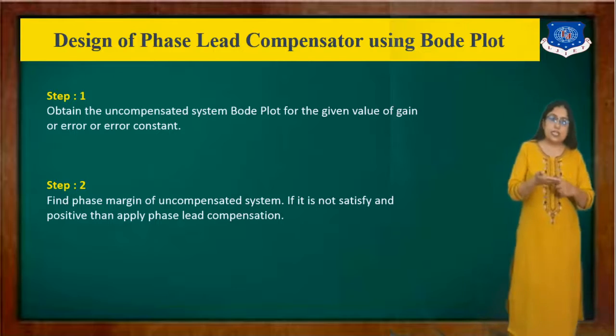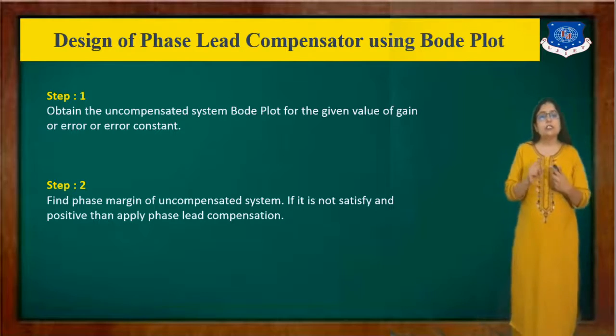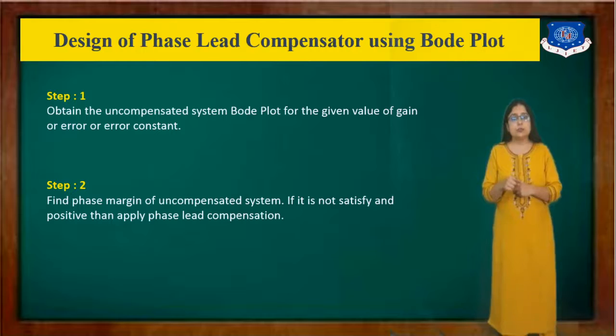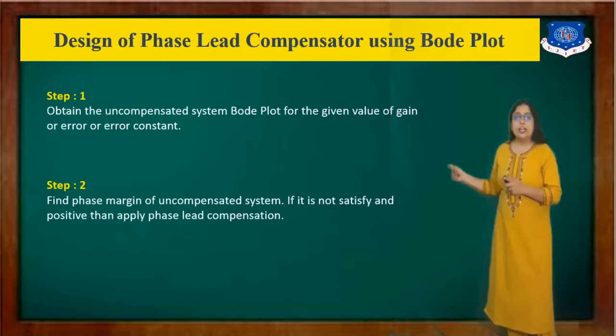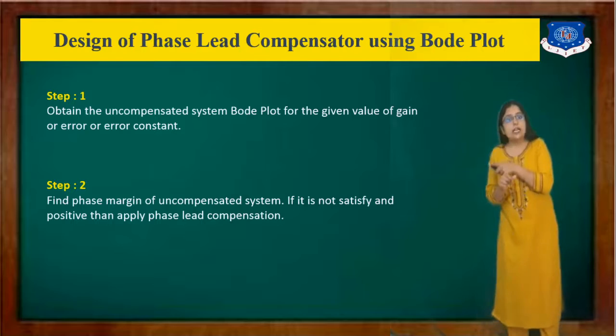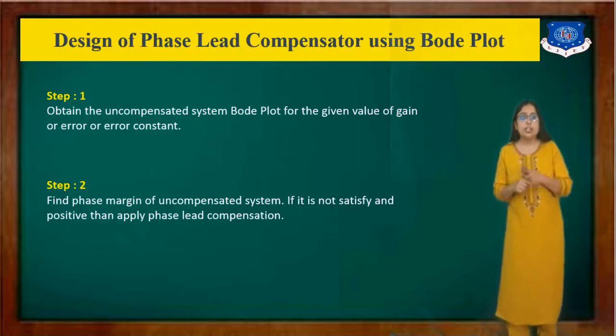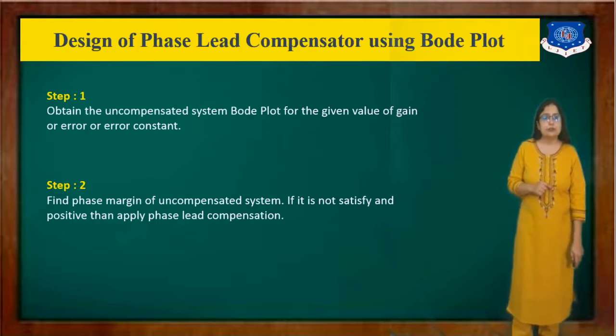So it is not the same as our requirement, but still that phase margin is positive. So based on that positive value, we have to use the phase lead compensator. If that phase margin value is negative, then we have to use the phase lag compensator.